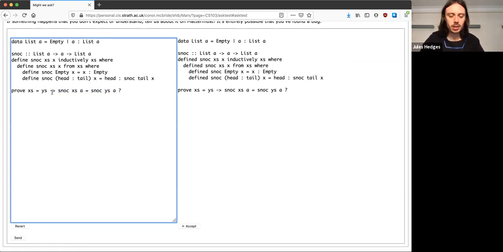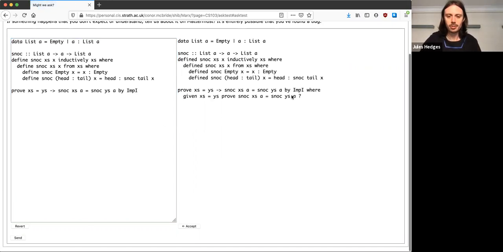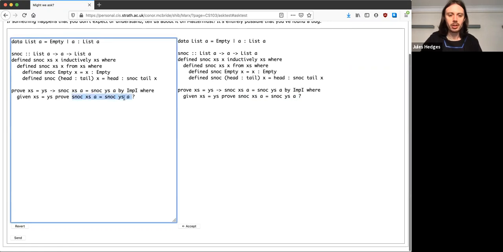To prove this, just like it's week 1, we know how to prove an implies equation. I'm going to say by imply. And ask will say, given xs equals ys, prove this. And this is a situation where I'm being asked to prove an equation where both sides begin with a function call to the same function.